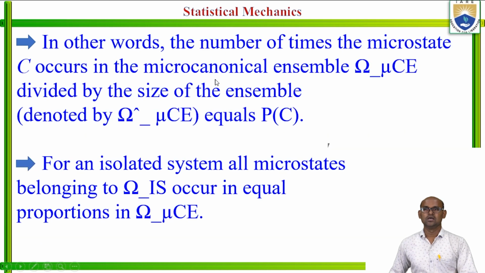In other words, the number of times the microstate occurs in a microcanonical ensemble divided by the size of the ensemble equals P of C, the probability of occurrence of the microstate which we have obtained in the isolated system.